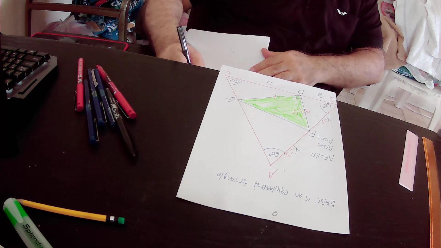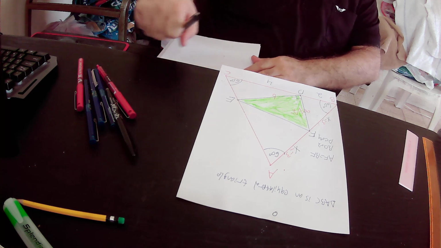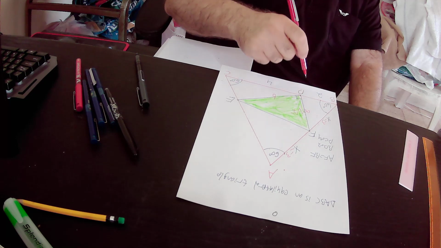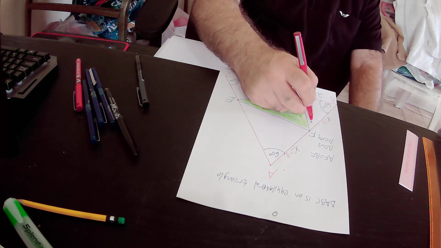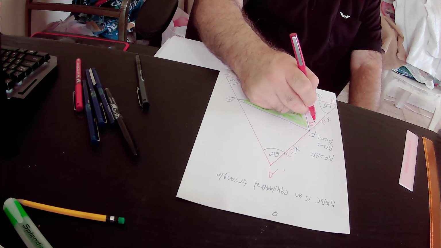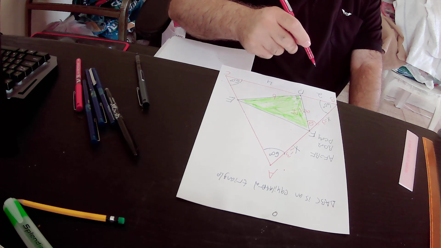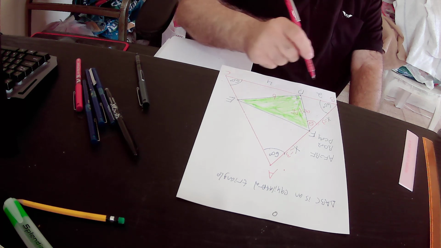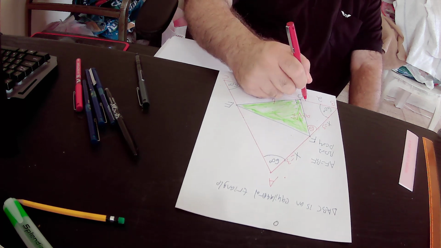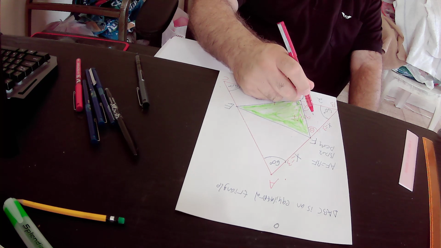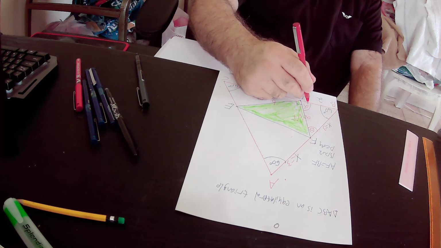In the next step, we will define angle BFD. This angle is theta. And we will define angle BDF as alpha. That is to say, angle BDF equals alpha.